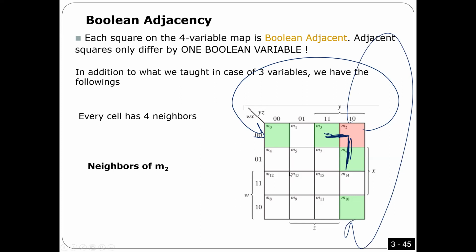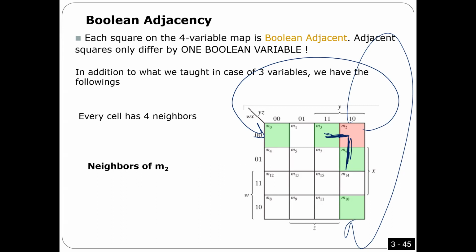So you can imagine the map is rolled this way. That's why this and this here are neighbors. Also, it is rolled this way as well. Maybe it's difficult to imagine. That's why this one is a neighbor to this one, and this one is a neighbor to this one. So you think about it, it's like it's rolled this way, so that the ones here are neighbors. Also, it is rolled this way.